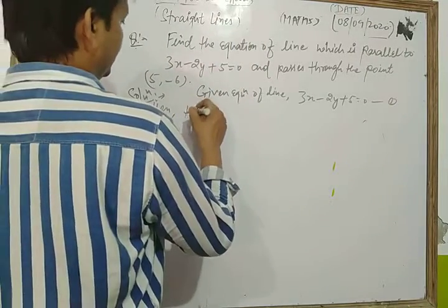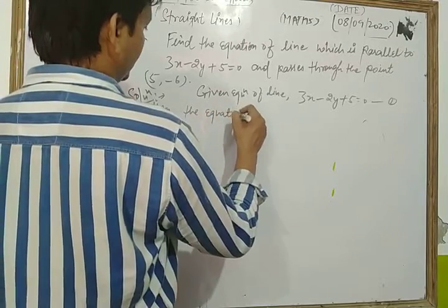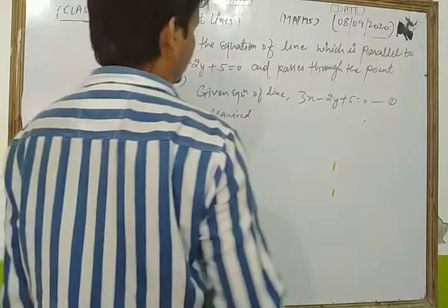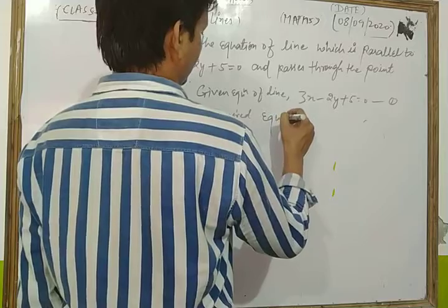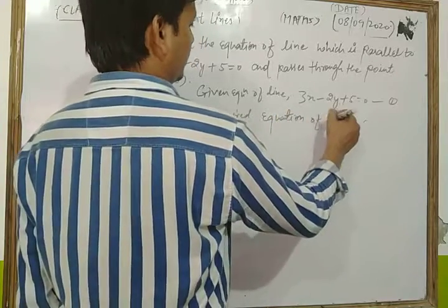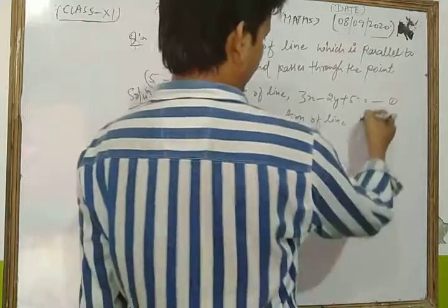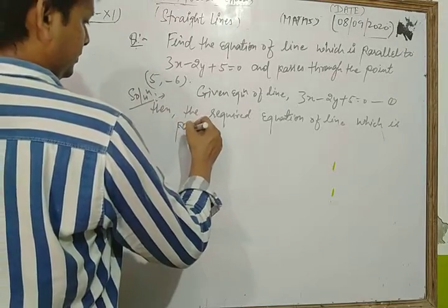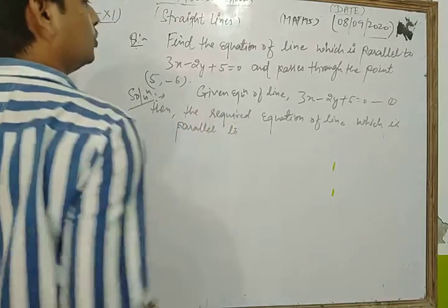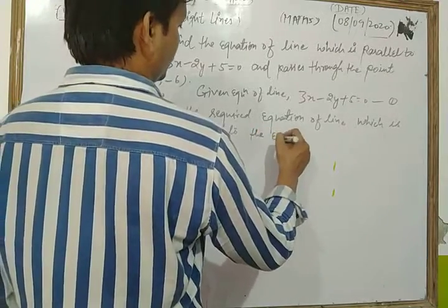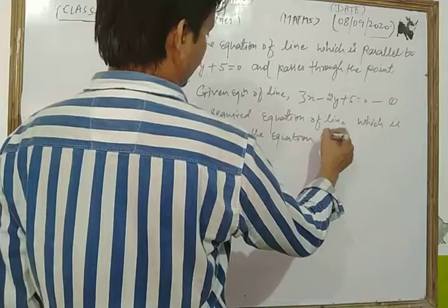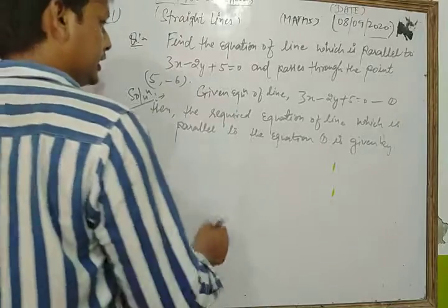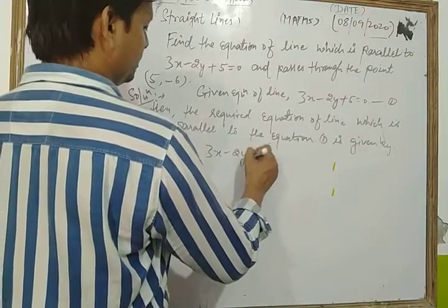Then the required equation of line, which is parallel to equation 1, is given by 3x minus 2y plus lambda is equal to 0.